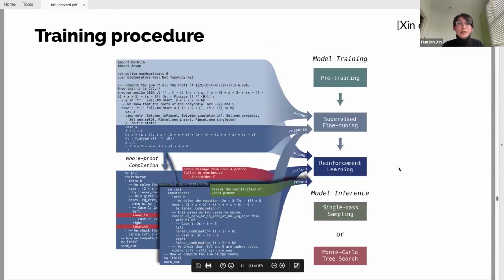Indeed, our training procedures follow all the standard large language model training techniques, involving three stages: pre-training, supervised fine-tuning, and reinforcement learning.